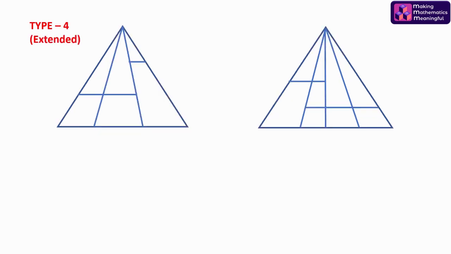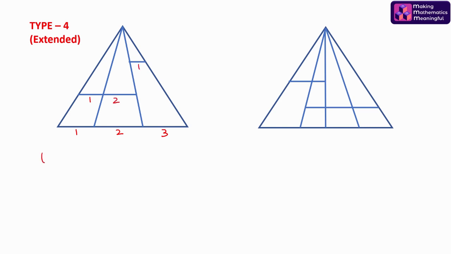Consider type 4 extended. Now the horizontal lines which are given are not extended to full, but the method will still remain the same and very easy also. 1, 2, 3, write 1, 2 over here and write 1 over here.